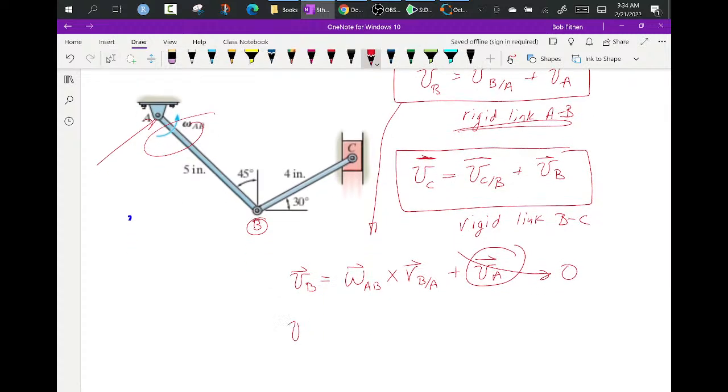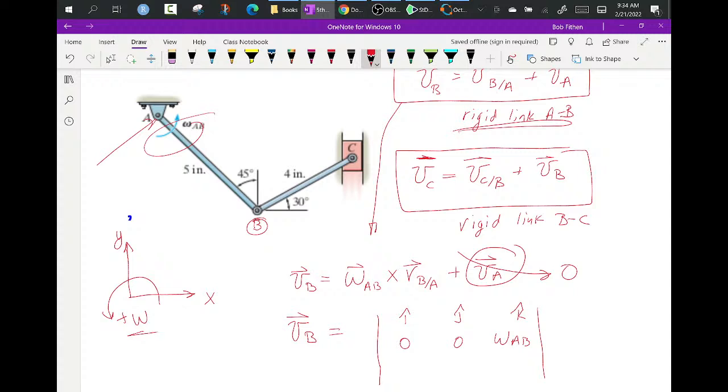So what I end up with is velocity of B equaling I, J, and K, and I'm making them a little longer. 0, 0, and omega AB. Now, the reason I list it that way is because in this one, the sign convention is relatively important.